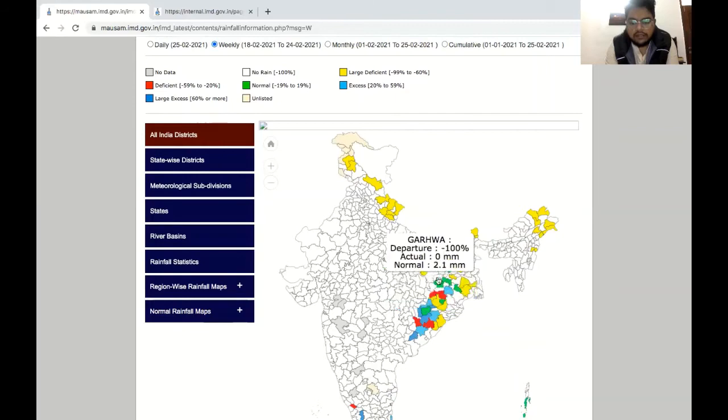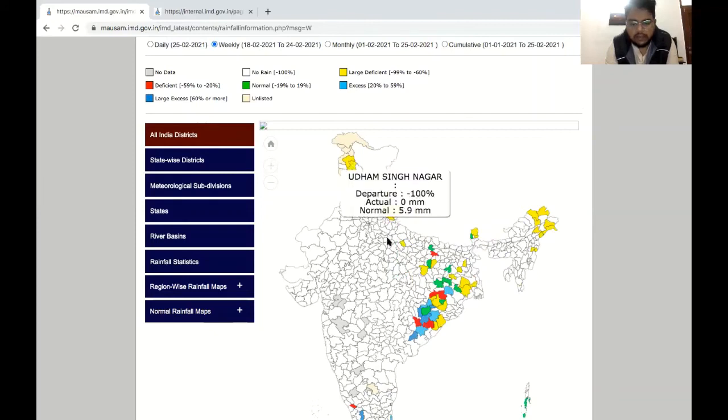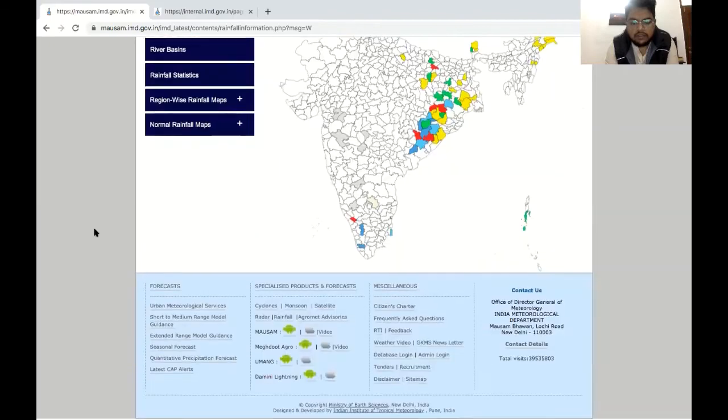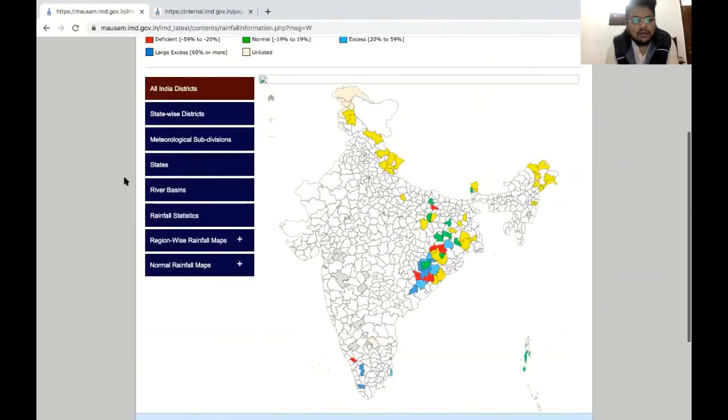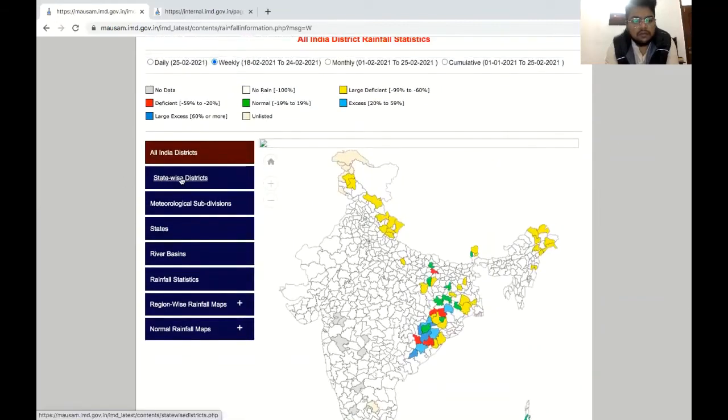And in other places there has been rainfall, either normal or large deficient. That is, rainfall has been recorded, but it's very less. Now, if we go down south, there are a few districts in Kerala and Tamil Nadu where there has been excess rainfall.